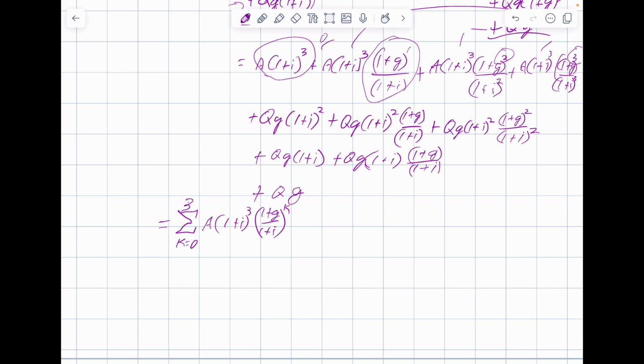So for k equals 0, it'll be this term. For k equals 1, it'll be that term. For k equals 2, it'll be that term. And for k equals 3, it'll be that term.